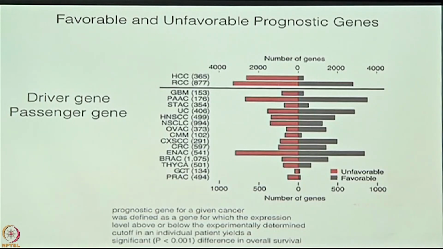Because the expression level was above the experimentally determined cutoff in an individual patient. That is a statistical analysis, so I am just reading it off the chart there. p less than 0.001.